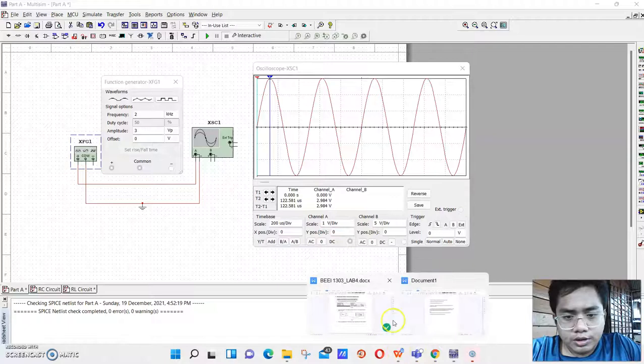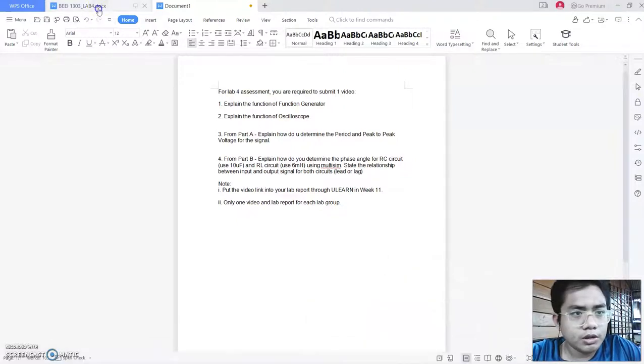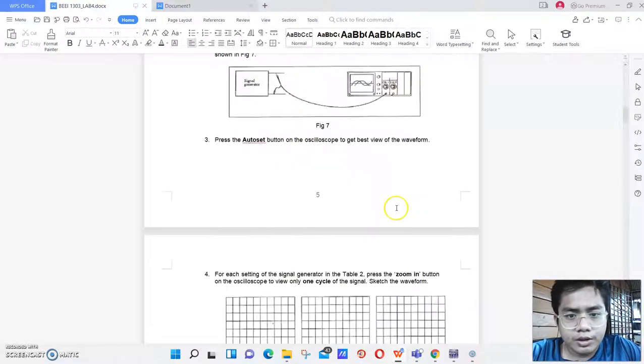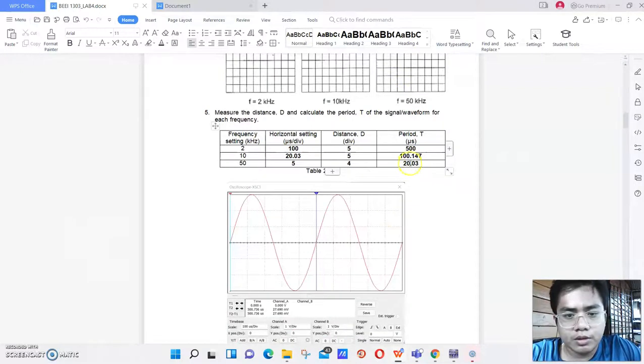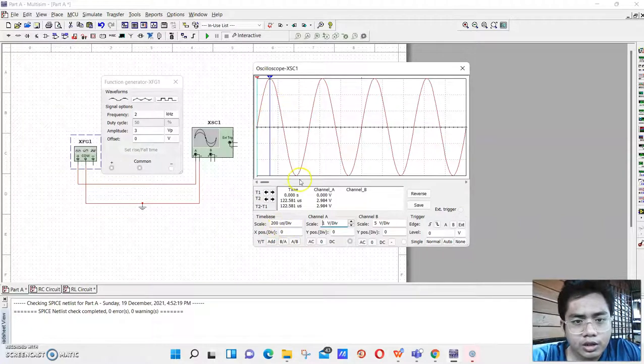And for the next question, how do you determine the period? The period is equal to 1 cycle. The 1 cycle is here, and the scale given is 200 microsecond, and 1 cycle is equal to 2.5 divisions.